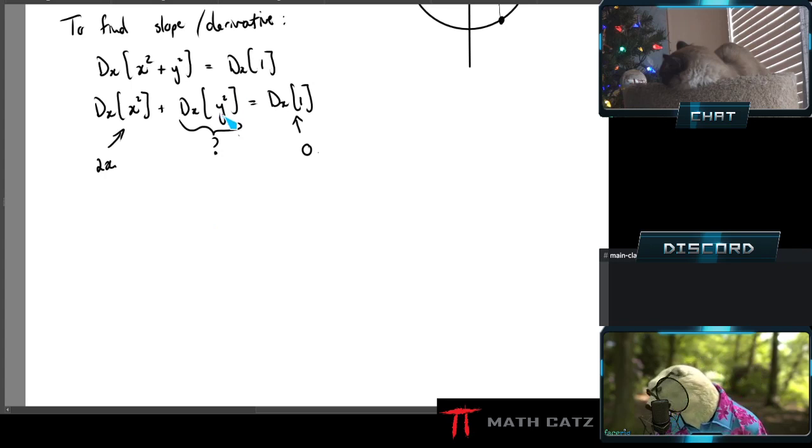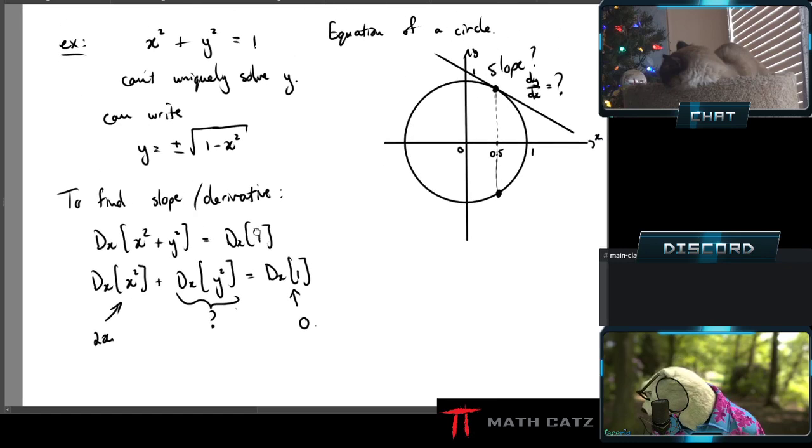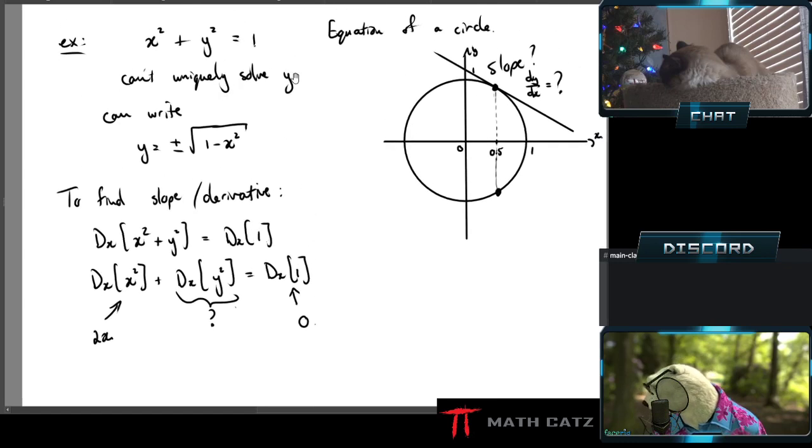Because y itself is, just very loosely speaking, think of y as a function. I just don't know what it is. Now, I know it's not actually a function. I just said it's not a function. Now I say it's a function. It's something that is affected by x.